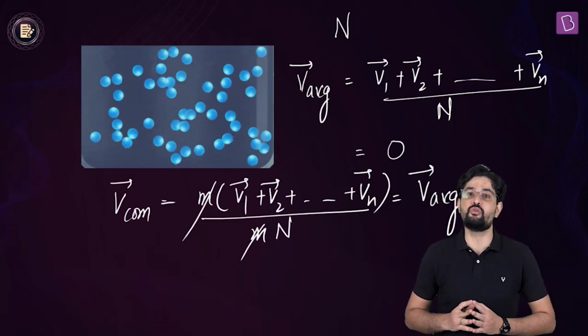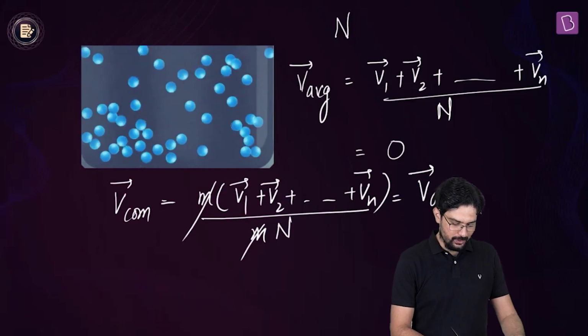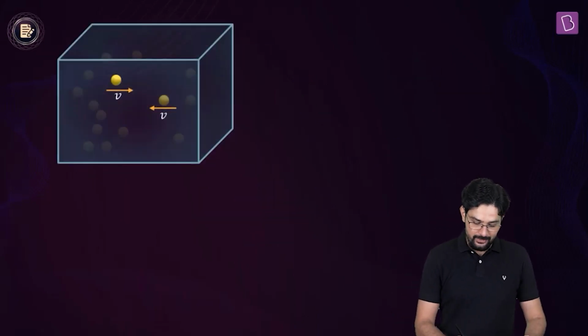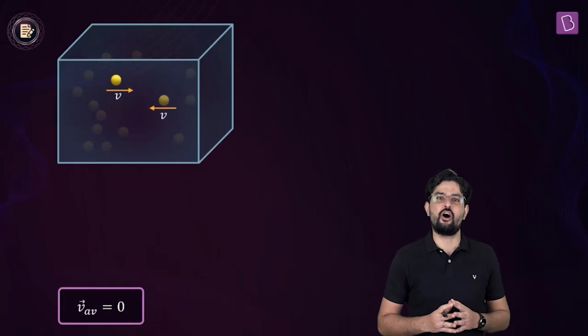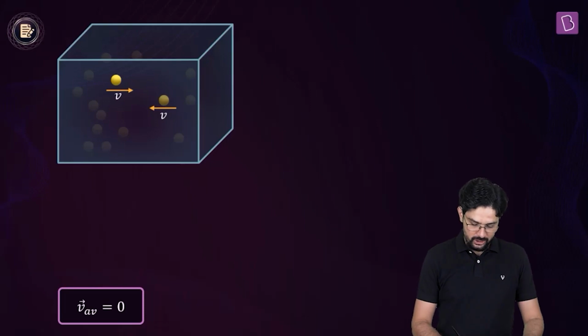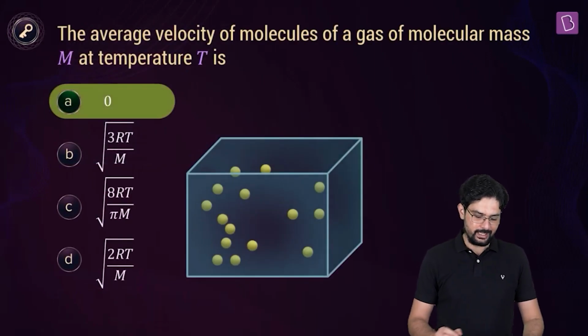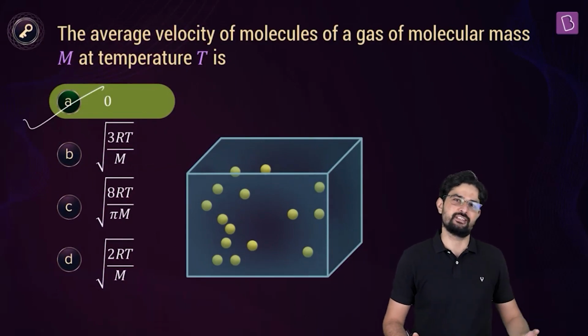It is not moving anywhere, right? So by this logic, you can understand that although the average speed is non-zero, the average velocity of the molecules is 0. And that's how we reach this conclusion. And you can see that option A in this case is going to be the right option.